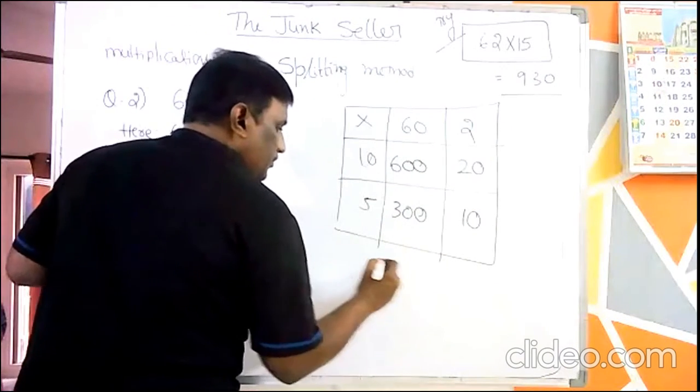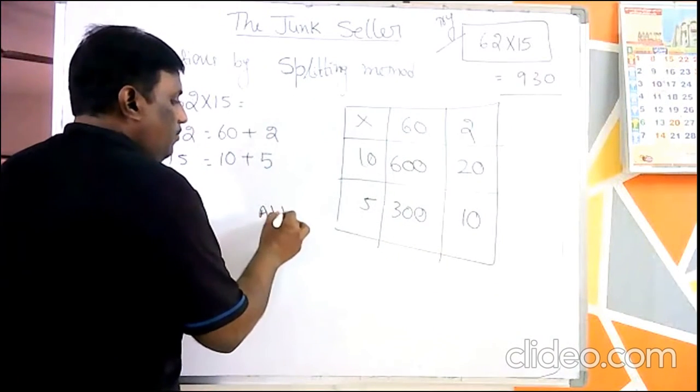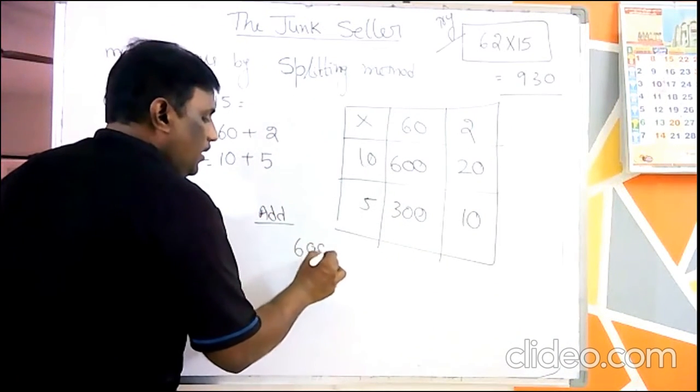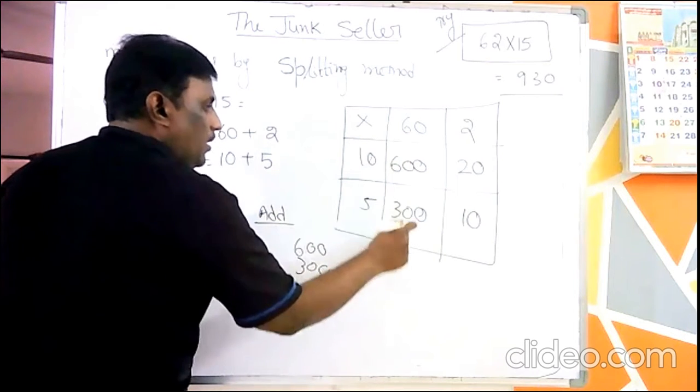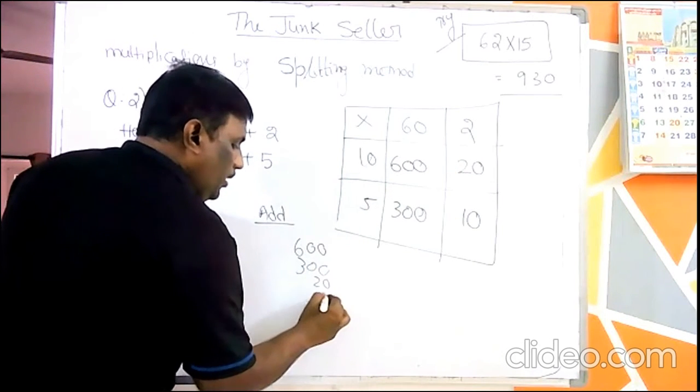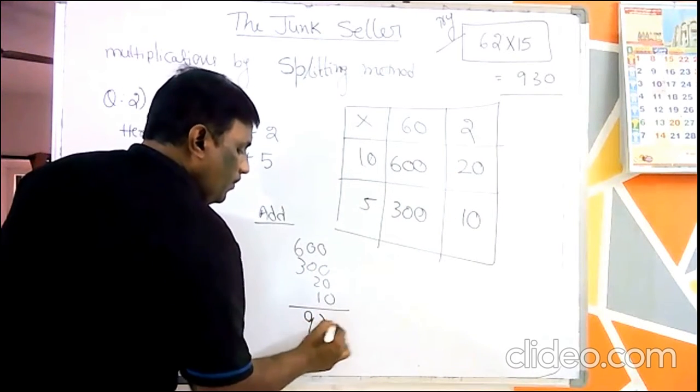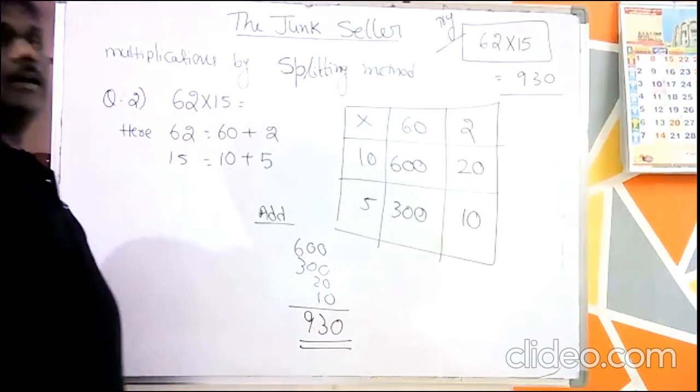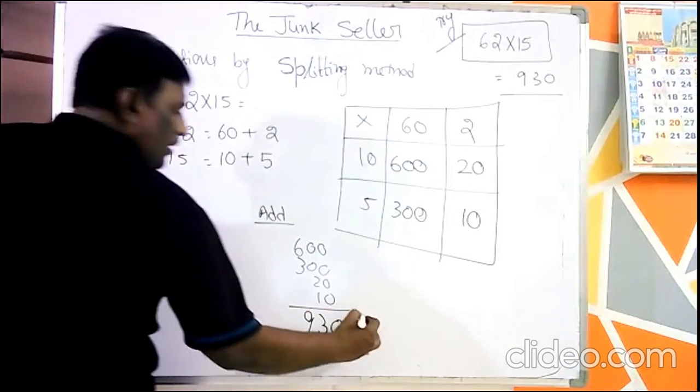Add everything. 600, 300, 20, 10. 930. That is the answer.